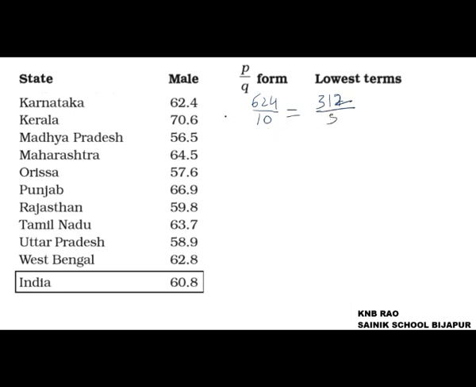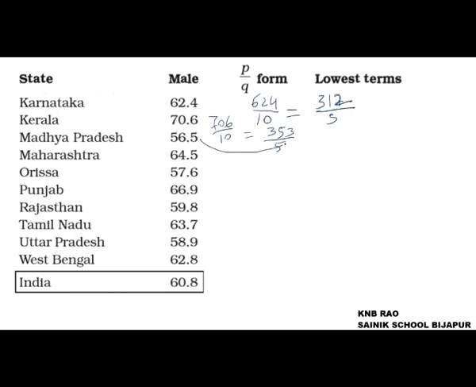Next, 706 for Kerala upon 10. So 706 upon 10, converting it into simplest form gives 2 3s are 6, 2 5s are 10, 2 3s are 6. So 353 by 5.